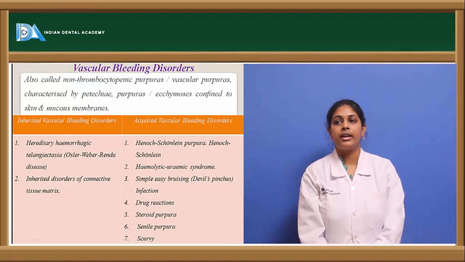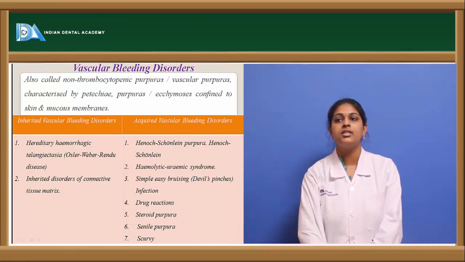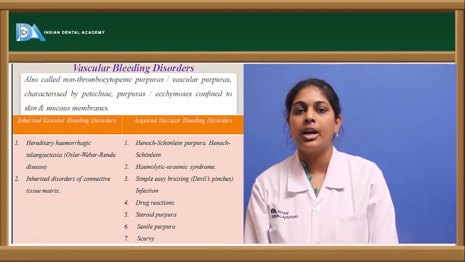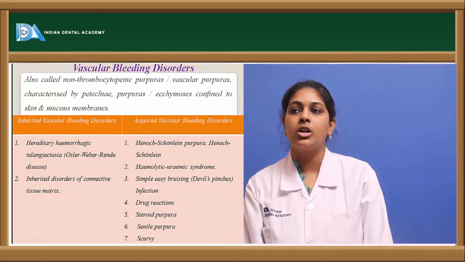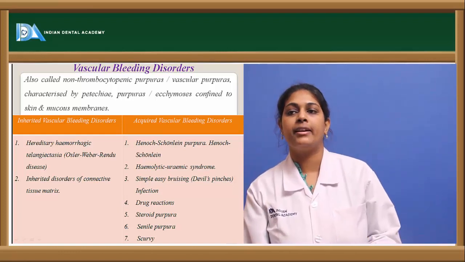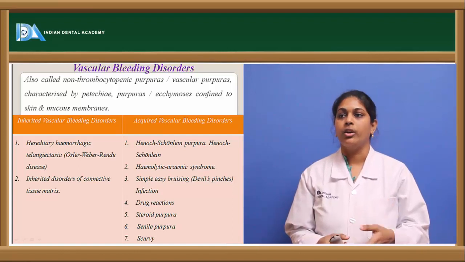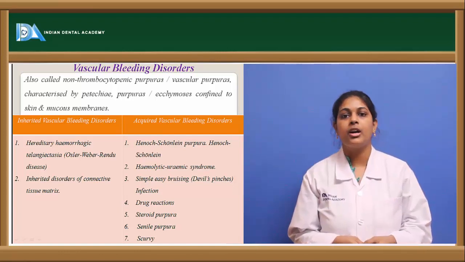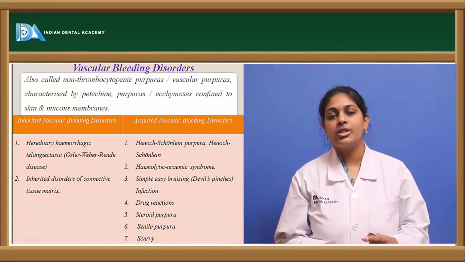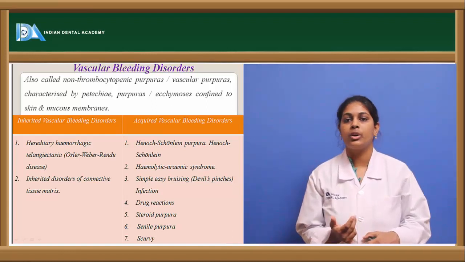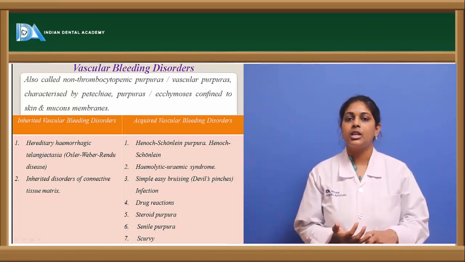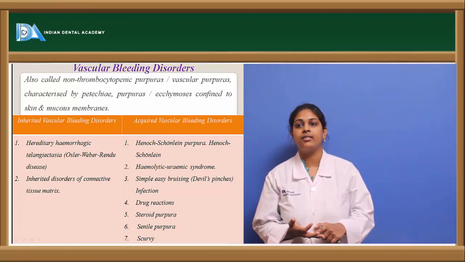Coming to the vascular bleeding disorders, these are usually known as non-thrombocytopenic purpuras because they are not majorly due to reduced platelet content, but rather due to alterations in the vasculature. They are also known as vascular purpuras because patients manifest with purpura, that is pinpoint bleeding points seen in the skin.